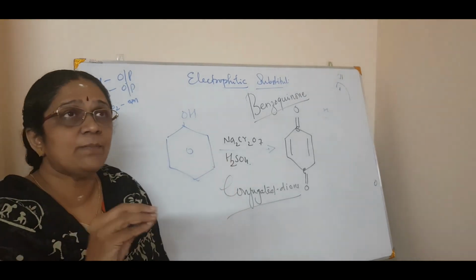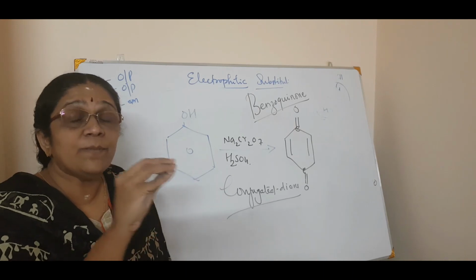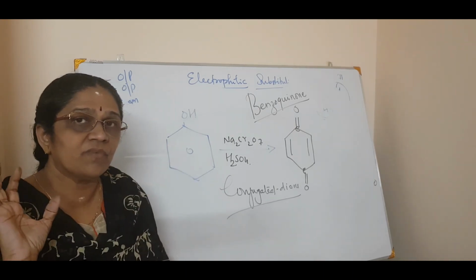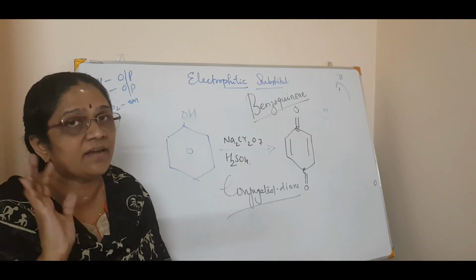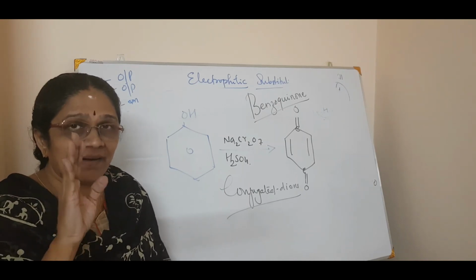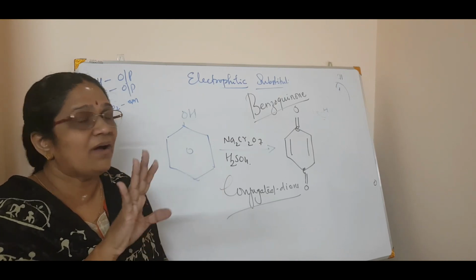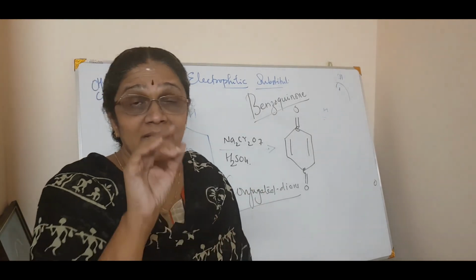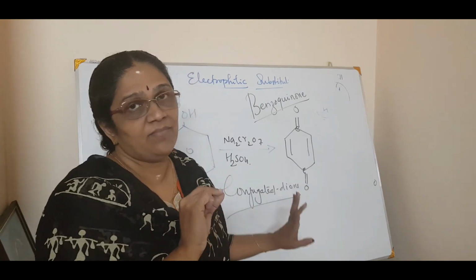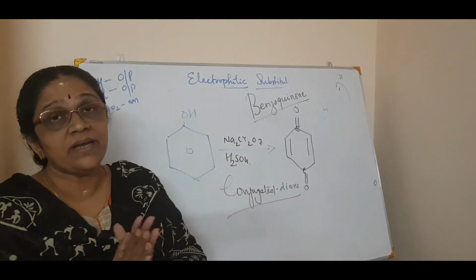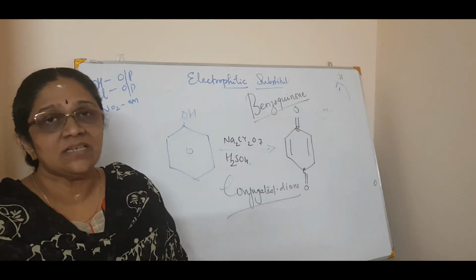Reagent, for example, chloroform aqueous NaOH, if you write it wrong, definitely you will lose marks there. So be careful while writing the reactions. You have to write the reagents correctly, get the product and name the product. So you go through it. Any doubt, just give me a call. Till then, thank you.